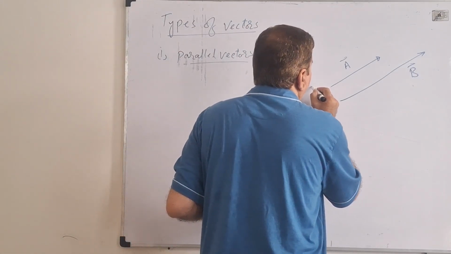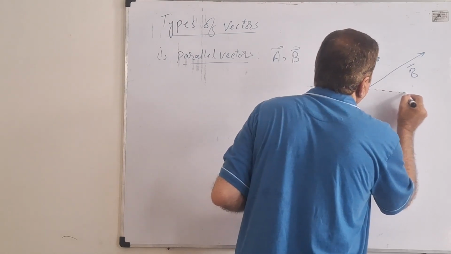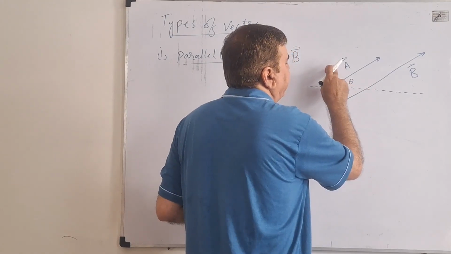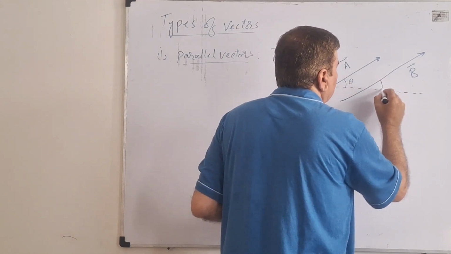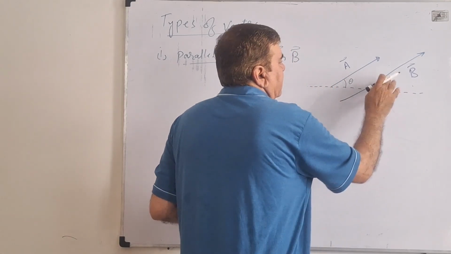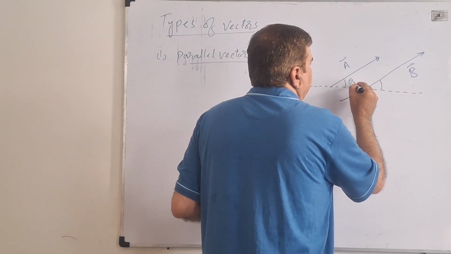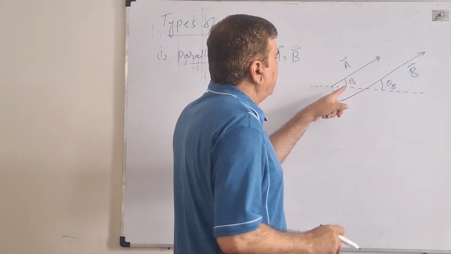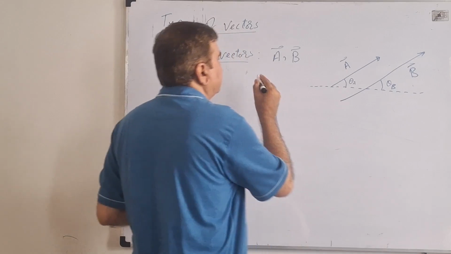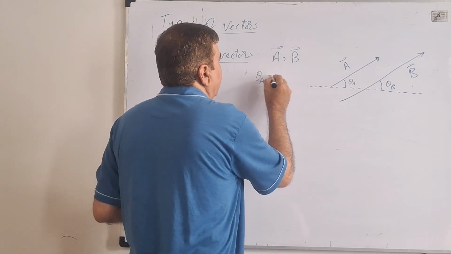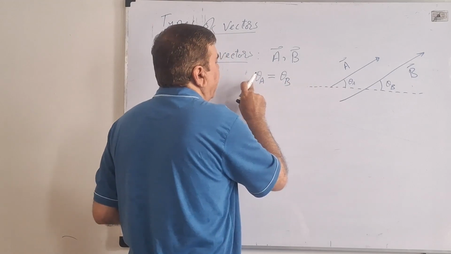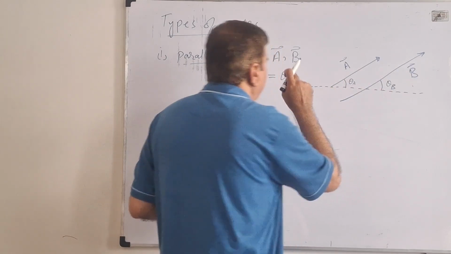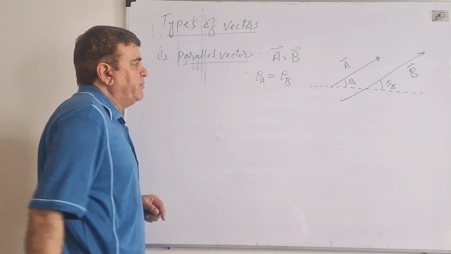And in order to specify the direction, I'll draw a line like this. This is a horizontal line. If this angle theta made by vector A with this horizontal is exactly equal to this angle, let me call theta sub A and this theta sub B, then the condition for the vectors to be parallel is that theta A must always be equal to theta B. That is, if theta A equals theta B, the angle made by vector A with the horizontal is exactly equal to the angle made by vector B with the horizontal, only then these two vectors are said to be parallel.